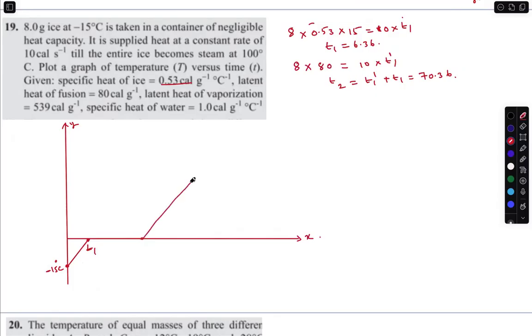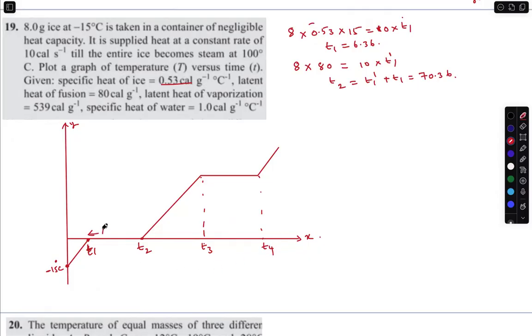Next. Likewise, you need to work. This is a T1, this is a T2, this is a T3, this is a T4. That's all.